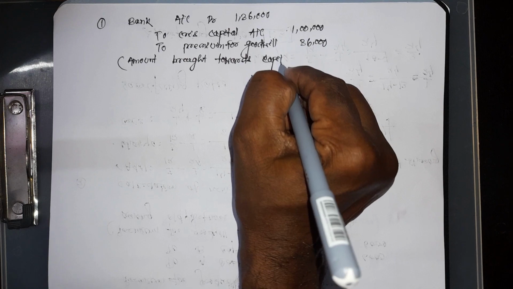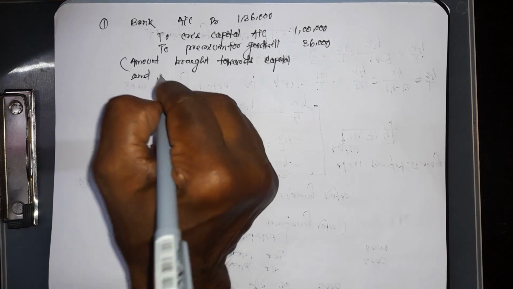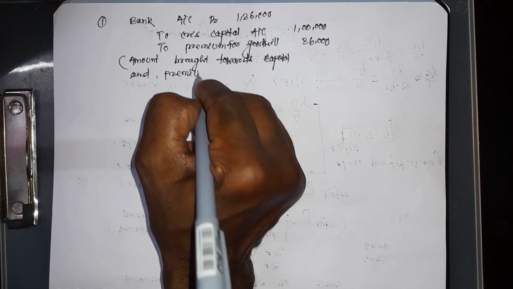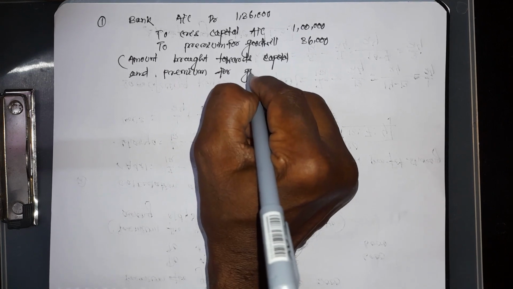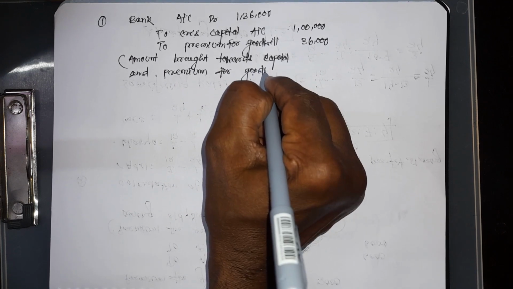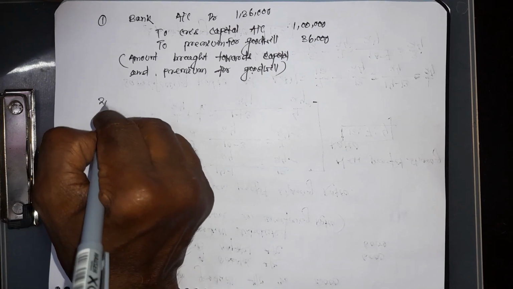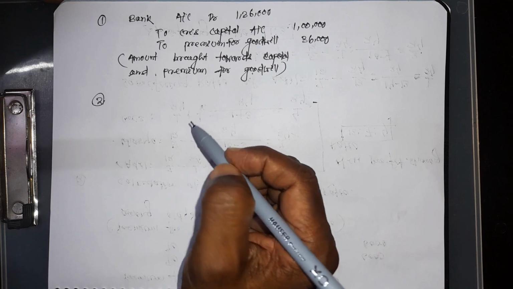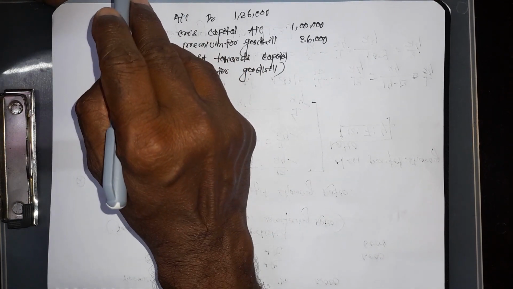Every time you will write the narration. So the second journal entry: this premium for goodwill will be shared between the partners in their sacrificing ratio, which was 1:3.